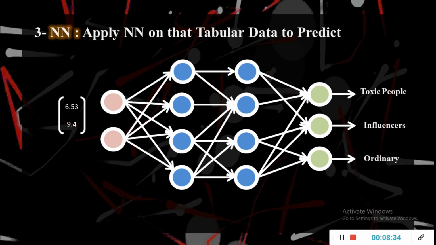So in this way we can solve a graph and predict something: first convert it into a convo, then convert the convo into a vector, and then using the vector we can predict something with a neural network.